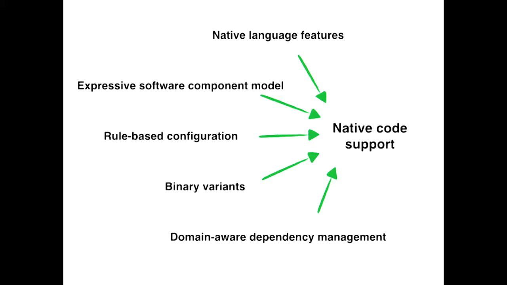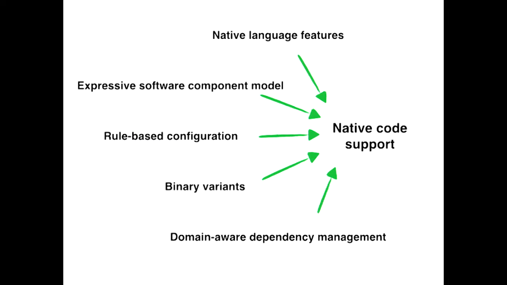A better component model that's going to describe what you're trying to build, rule-based configuration that's going to give you that zero configuration time, as well as a much more flexible way of configuring your plugin interactions, binary variants, which lets you build multiple outputs from the same set of sources, and some domain-aware dependency management.